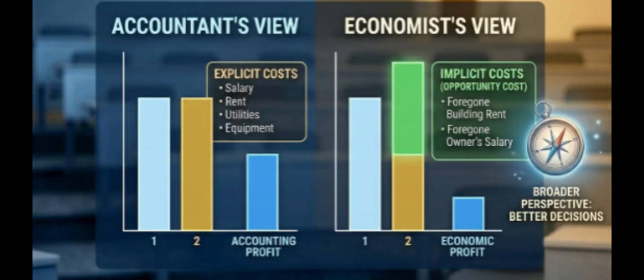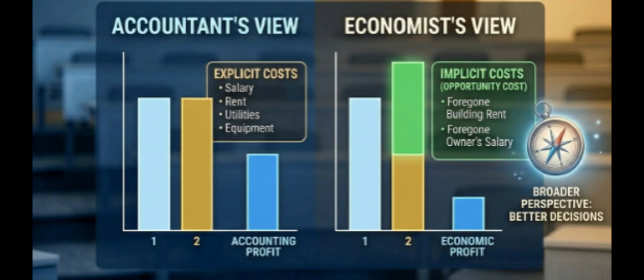It is critical to distinguish between accounting costs and opportunity costs because economists and accountants measure costs differently. Accounting costs are the explicit costs recorded in financial statements.